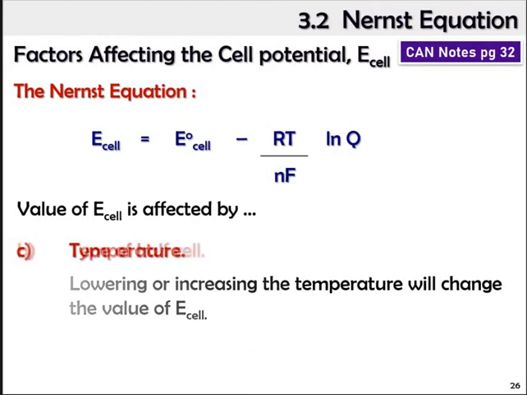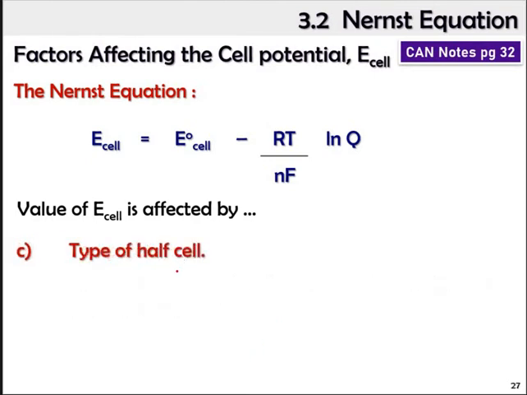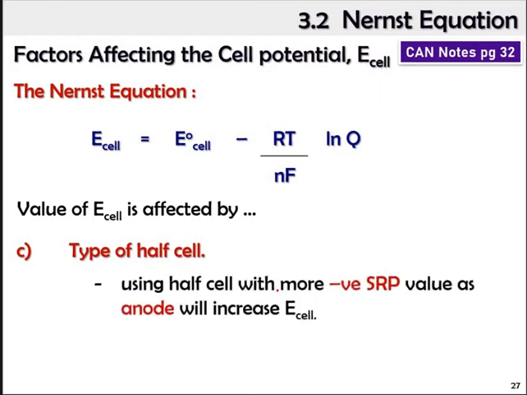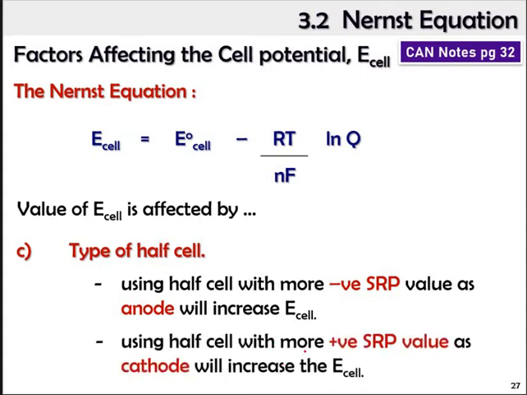And then yang ketiga adalah type of half cell. Using half cell with more negative SRP values as anode will increase the E cell. And then using half cell with more positive SRP value as cathode will increase the E cell. Dia macam ni cerita dia.